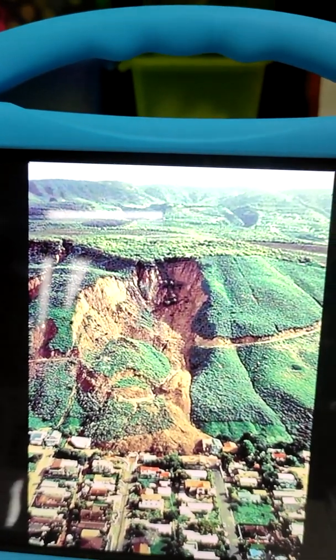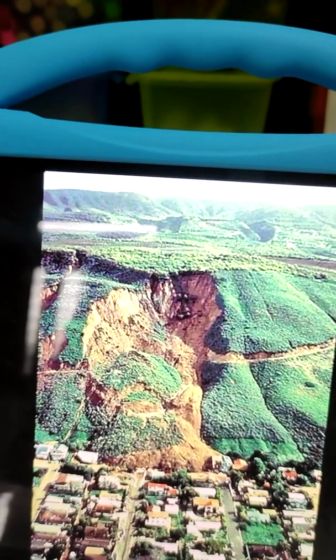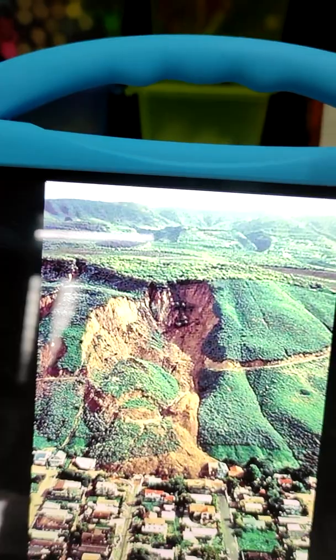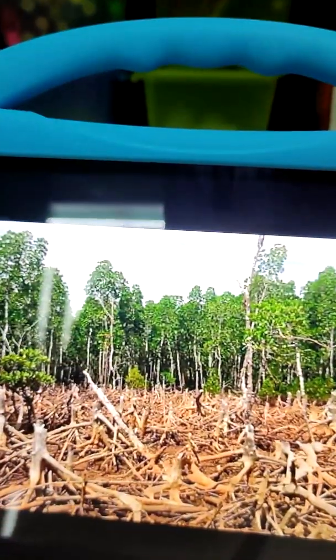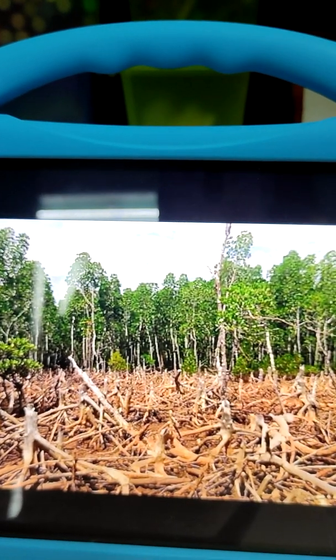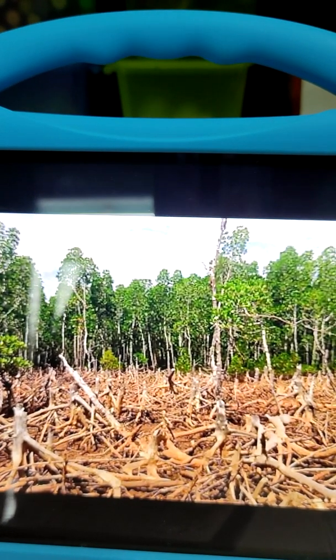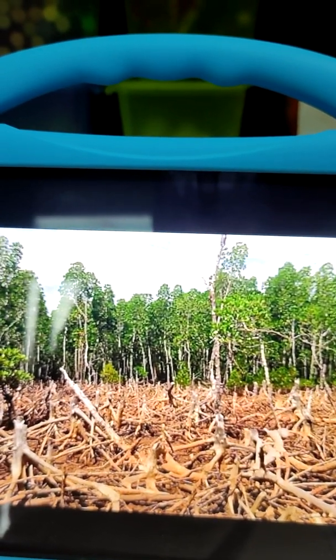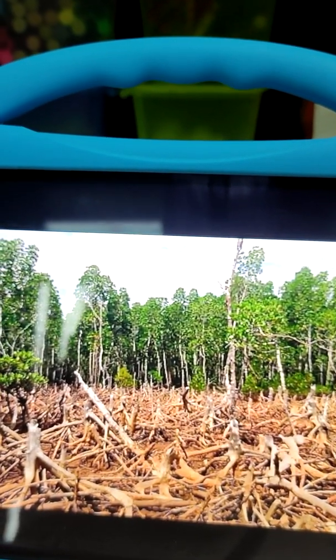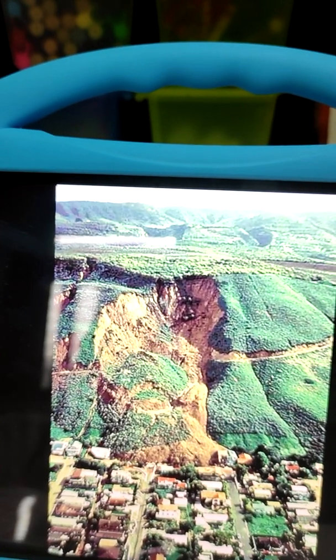Because all the trees are cut down and there are no proper roots to hold the soil in place, it causes landslides. Deforestation is large scale cutting down of trees. And what are the effects of deforestation? It brings the levels of oxygen in the air down, and it causes landslides also.